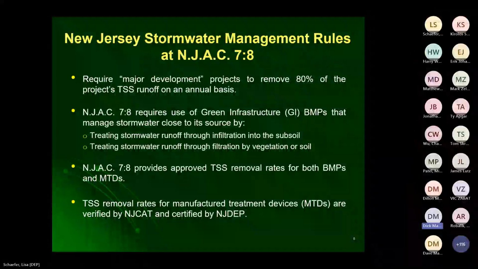It also requires the use of green infrastructure, which we call GI BMPs, that manage stormwater closer to its source by either treating the stormwater runoff through infiltration into the subsoil, very similar to some of the material you've just heard from Lisa, or treating stormwater runoff through filtration by vegetation or soils. And we're going to hear more about that later in the presentation.